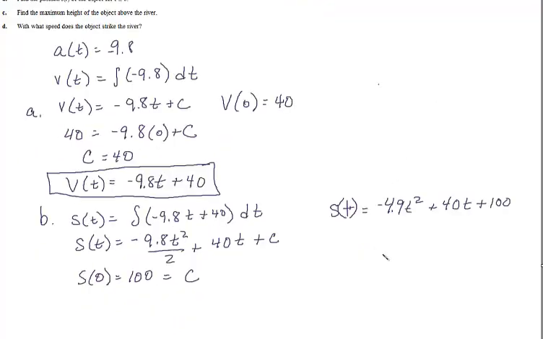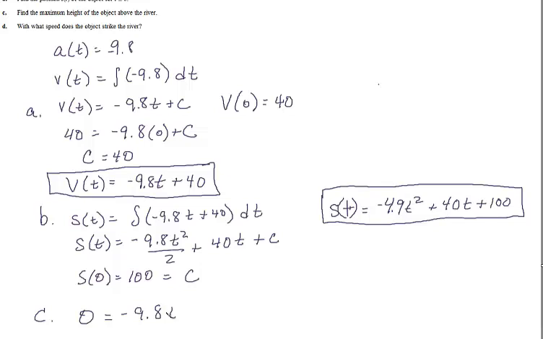Okay. For the c part, they ask me to find the maximum height. I know that mins and maxes occur at my critical points. So for c, well, v of t is actually the derivative of s of t, so I'll just say that 0 equals negative 9.8t plus 40, and move that over, then t would be 40 divided by 9.8, and I think that is somewhere in the neighborhood of about 4.1 seconds.